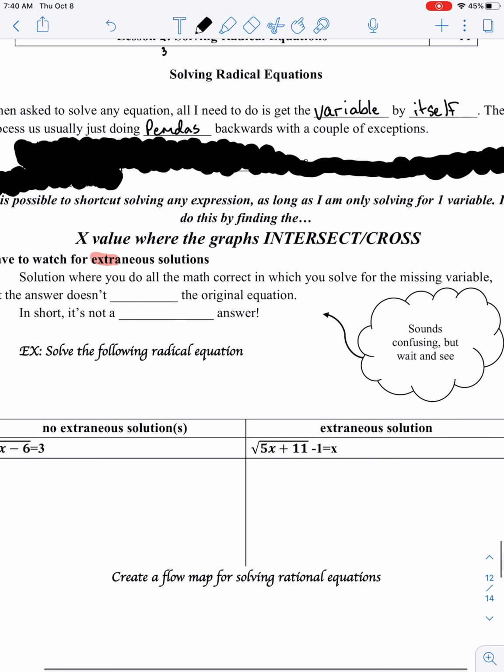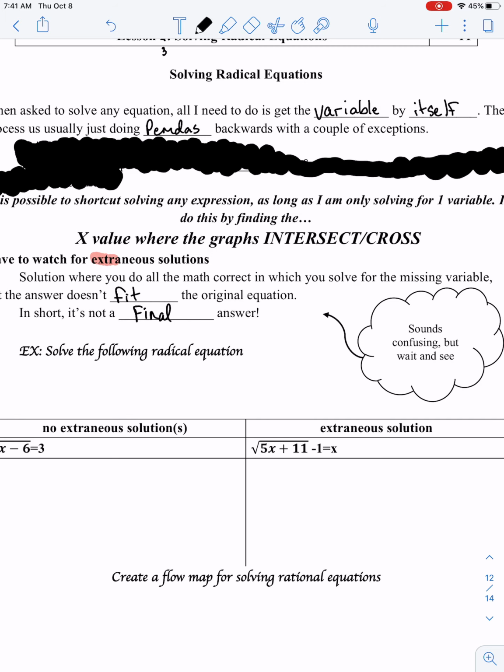So again, an extraneous solution is where you do all the math correctly, you solve for the missing variable, and the answer doesn't fit the original equation. In short, it's not a final answer, so you would exclude it.